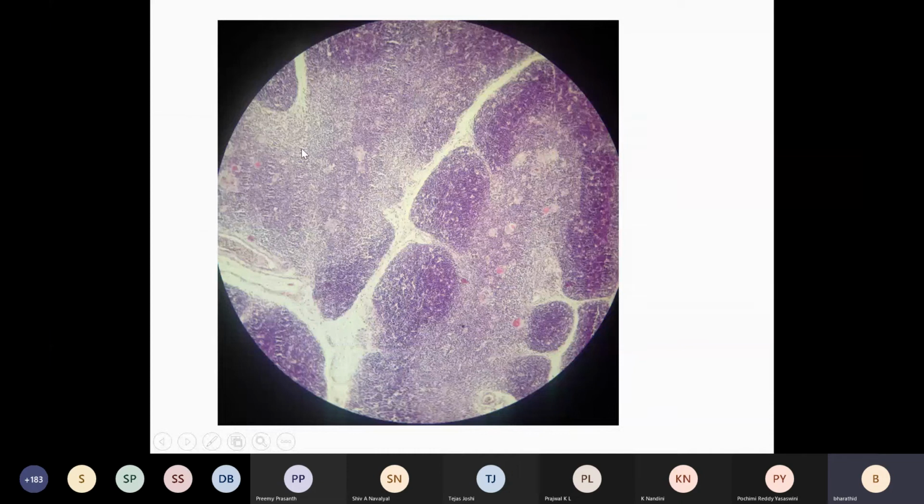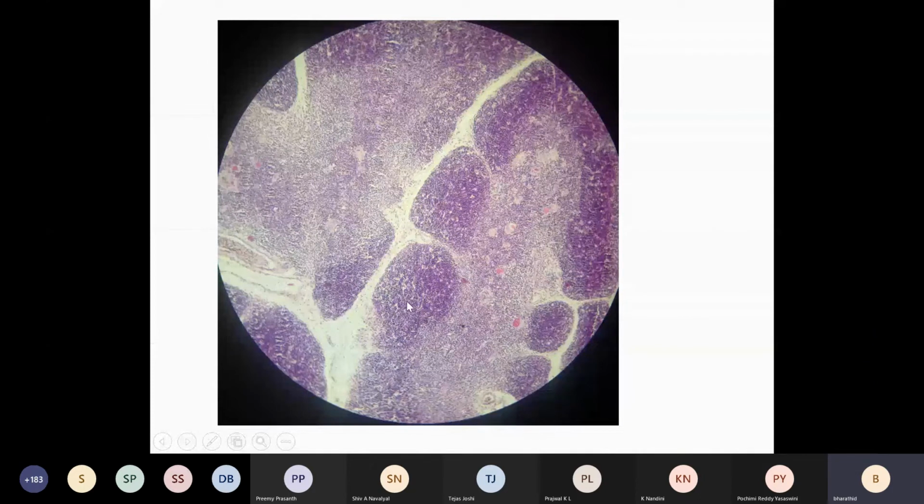Now in the slide given, this is how you will observe the thymus. This whitish region is the septa. This is one lobule, and you can see the blood vessel here. This is the other lobule. Within the lobule, you can see the darker, highly basophilic zone.